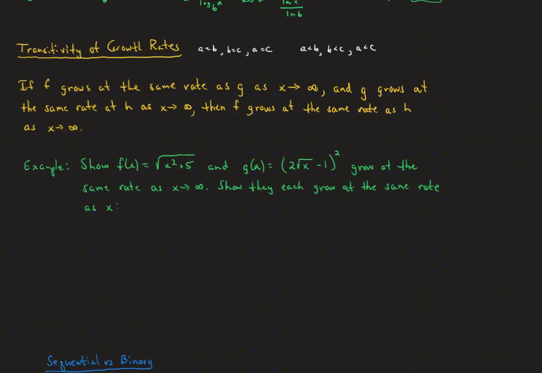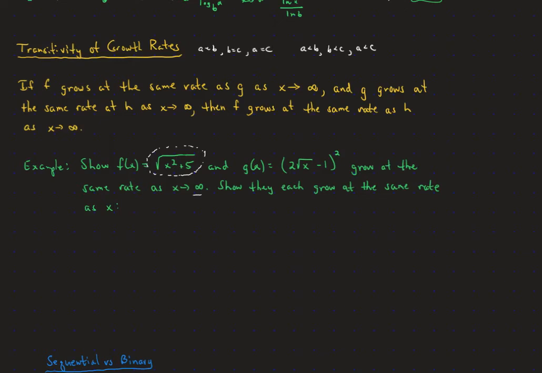Rather than comparing them directly, where this might come up is you would look at this and say, well, since x squared is the highest power of x that appears in this expression in the radical, and the square root of x squared is going to be an absolute value of x, but at least it would be an x to the first. As x goes to infinity, we're not worried about the negative part of that.